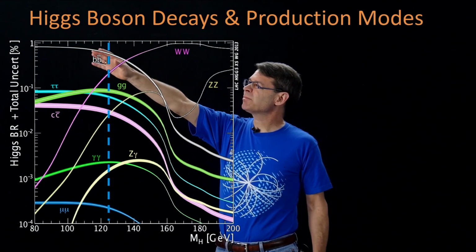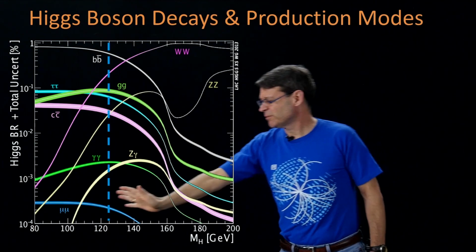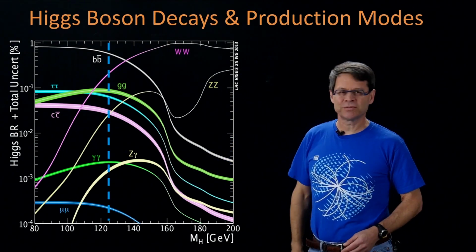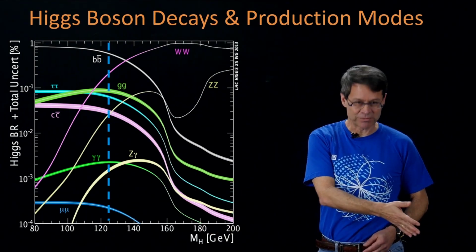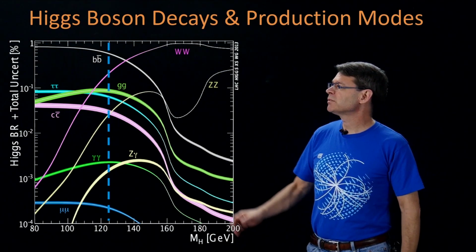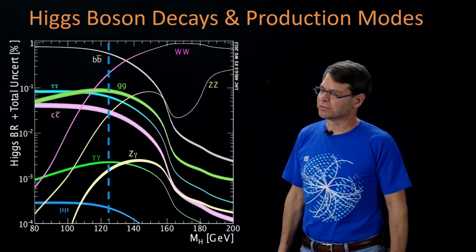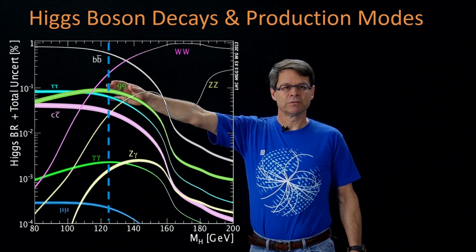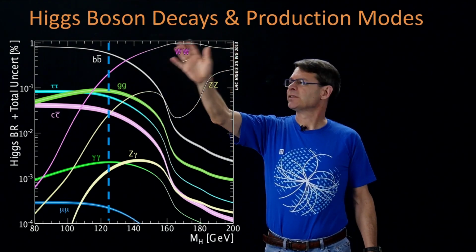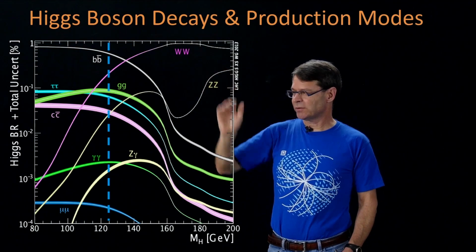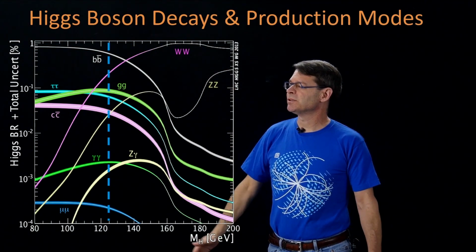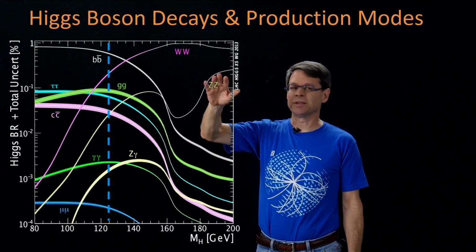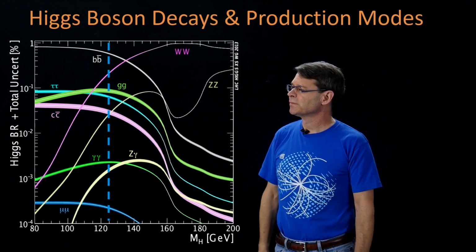It doesn't couple to top quarks here because, well, that's low mass. Two top quarks is 2 times 170 GeV, so nearly 350 GeV. So I'd have to be a Higgs way over here to the right. So the next heaviest thing would be bottom quarks, all right? Even 2 W bosons, which is this curve here, again, the W is 80 GeV, 2 of them is 160, so that's going to be suppressed at low mass, or also the same for the Z production.